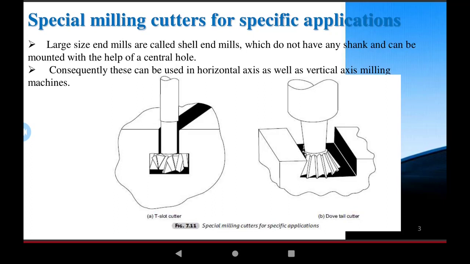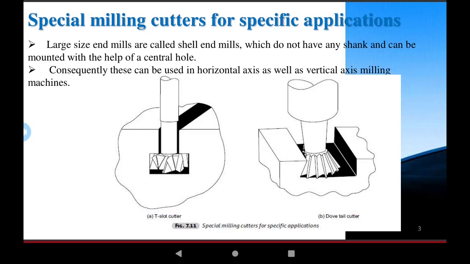Consequently, these can be used in horizontal axis as well as vertical axis milling machines.